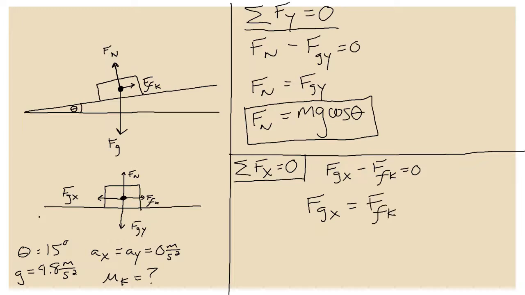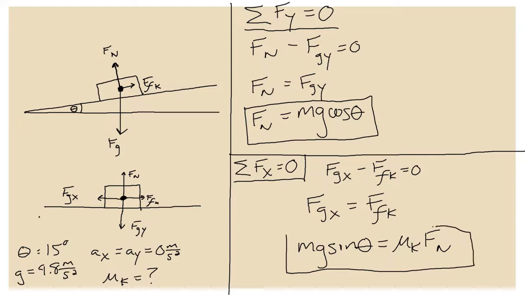Now we can do some substitutions: I'm going to substitute mg sine theta for Fgx, and the coefficient of kinetic friction times the normal force for the force of friction. Since I'm running out of room, I'm going to put that in a box. That is true in general here.